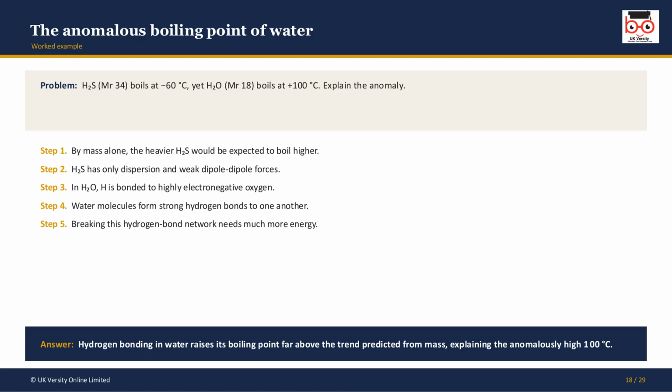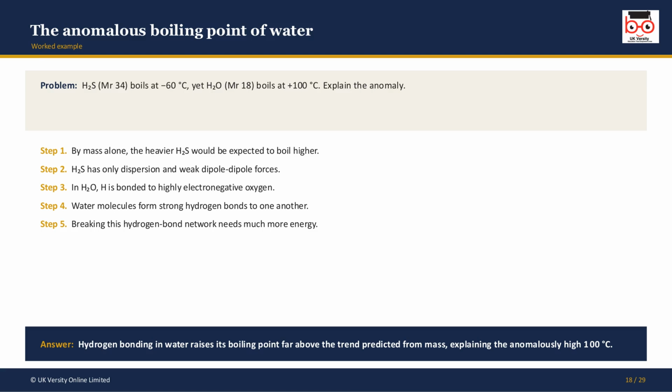Let's explain a famous anomaly. Hydrogen sulfide, relative molecular mass 34, boils at -60 degrees, yet water, relative molecular mass only 18, boils at +100 degrees. By mass alone, the heavier hydrogen sulfide should boil higher.